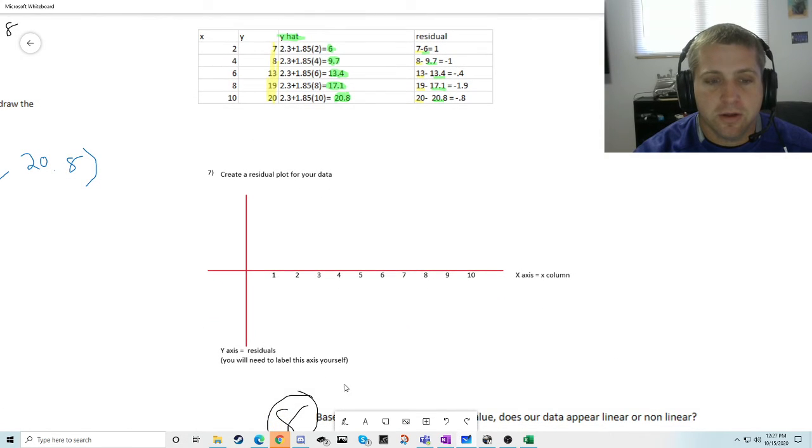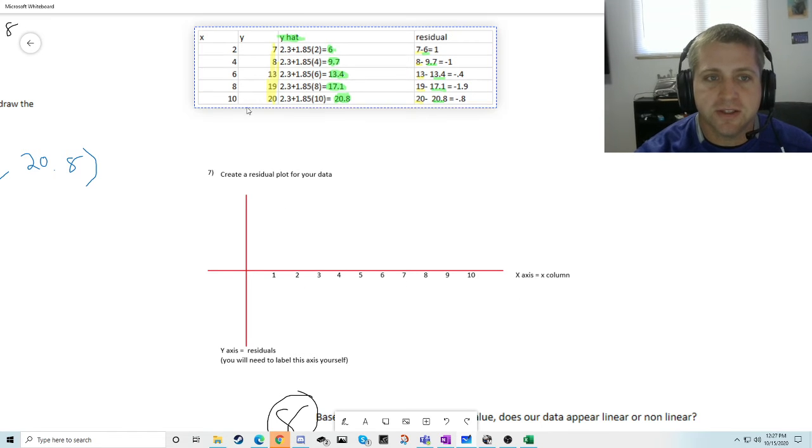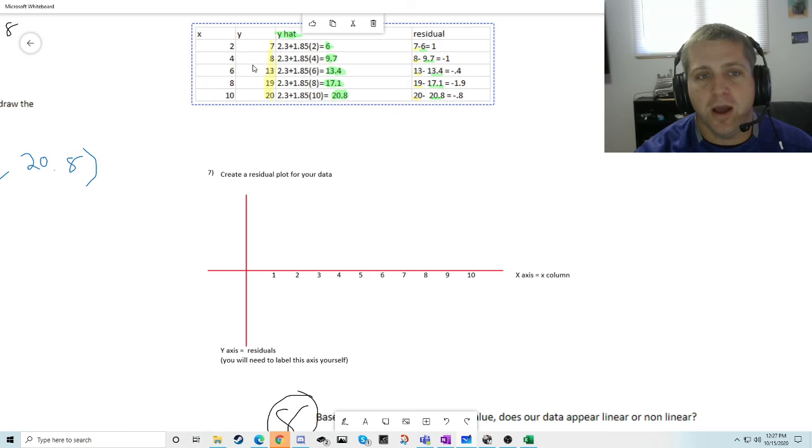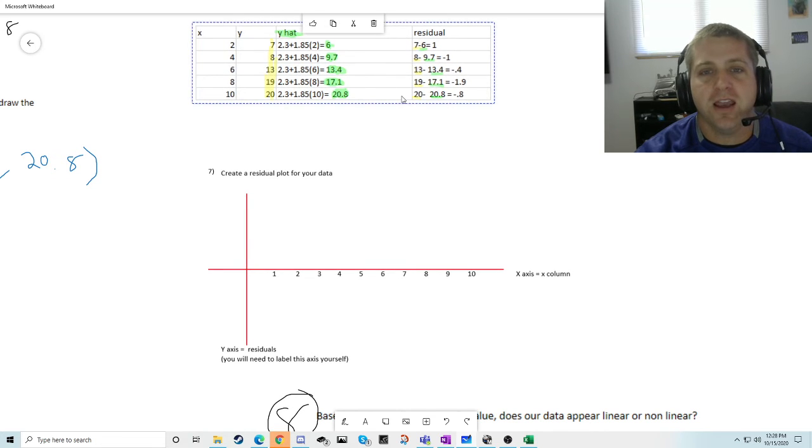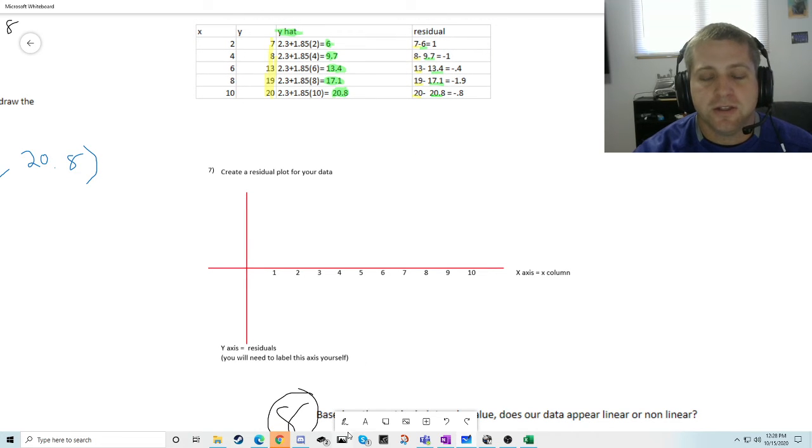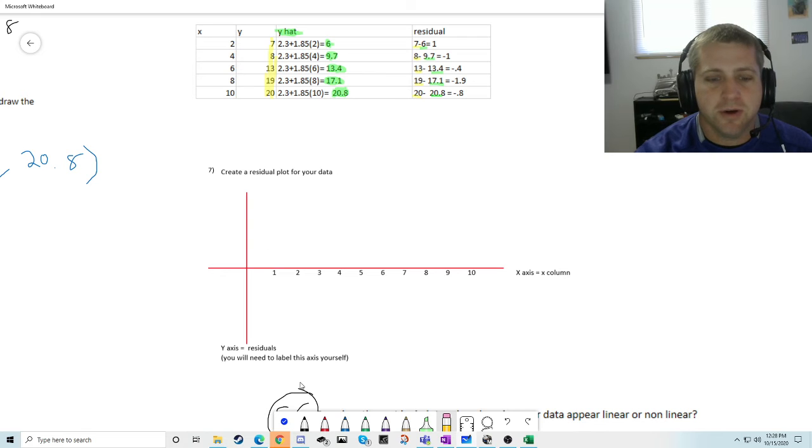So we're going to make a residual plot, and this is going to be graphing your x-axis. I'm going to graph my x's, because normally you just graph x and y, but we're going to graph x and residuals. So I have to make an axis for my residuals. It looks like it only goes as low as -2. So I'll go 1, 2, -1, -2. It's a pretty good scale for me. And then we can start drawing points on our scale.